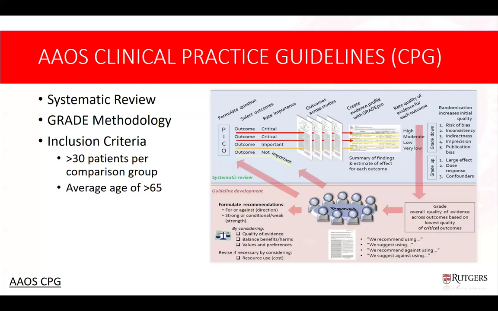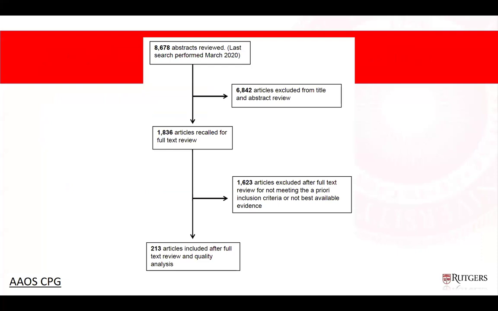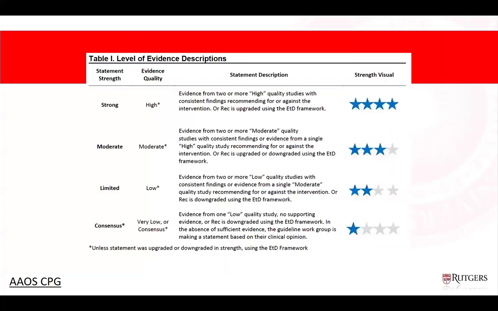They use a GRADE methodology, and the inclusion criteria for this particular clinical practice guideline were at least 30 patients per comparison group, and the average age of the hip fracture patients had to be over 65. 8,678 abstracts were reviewed. They ended up with 213 articles that were deemed worthy of inclusion in the clinical practice guidelines.